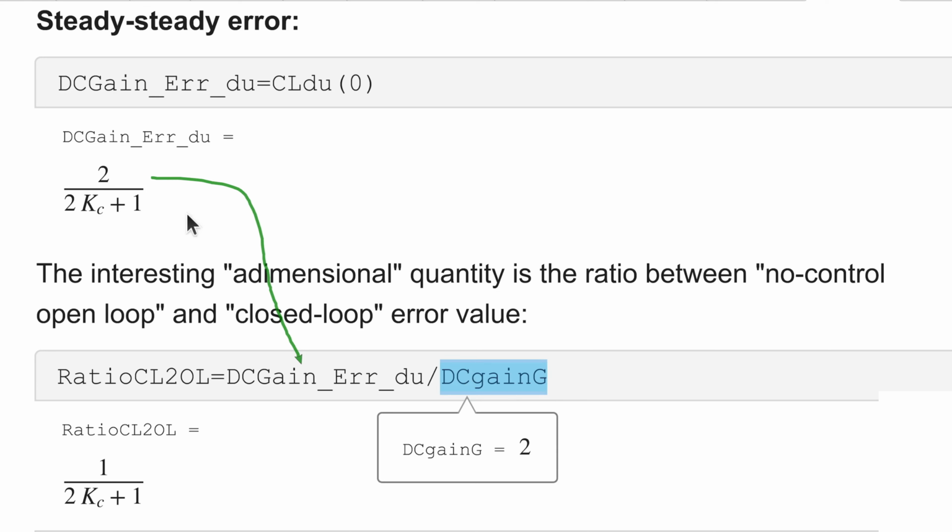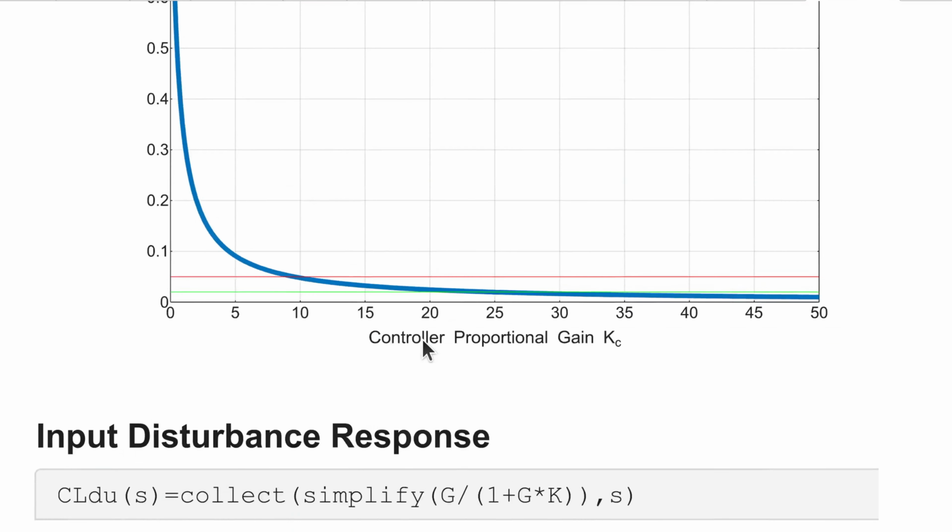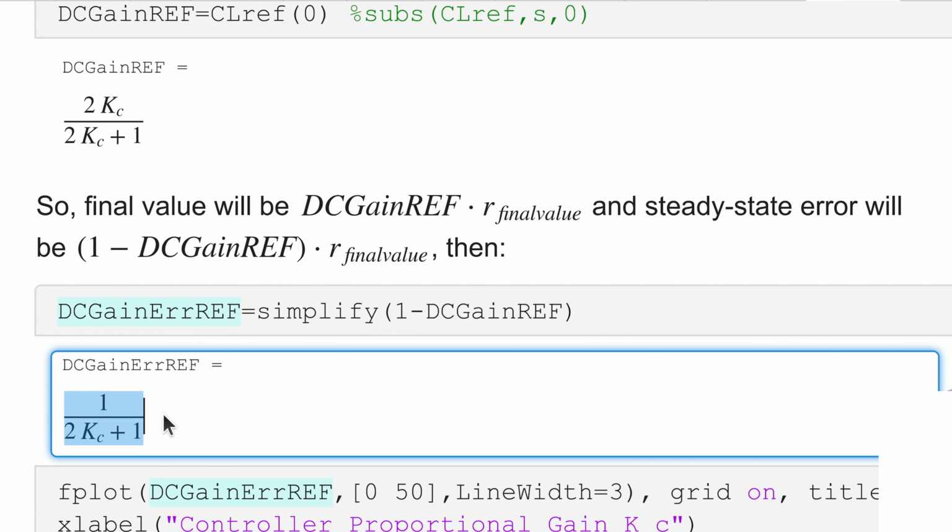So we'll have this DC gain that multiplies the input divided by the DC gain of the plant that multiplies the input disturbance when no control is on, and this quotient gives me 1 over 2kc plus 1, which is the same as the number we called position error that we derived when discussing set point tracking performance.